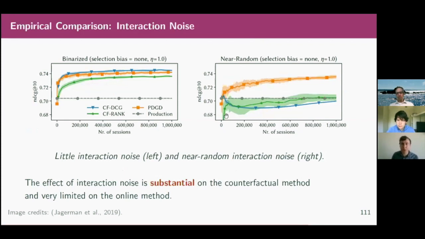For web search, I imagine there might not be this level of random noise, but maybe in a different setting, say music recommendation, there might be a lot more random noise because users may need to explore more. So I'd say it depends on what setting you're in, whether these results are realistic or not.